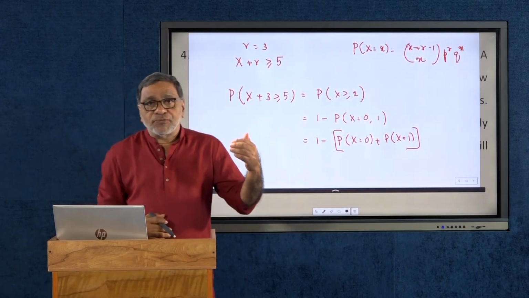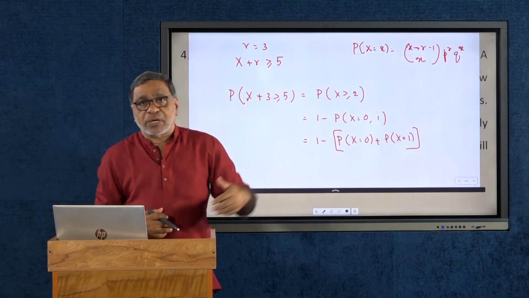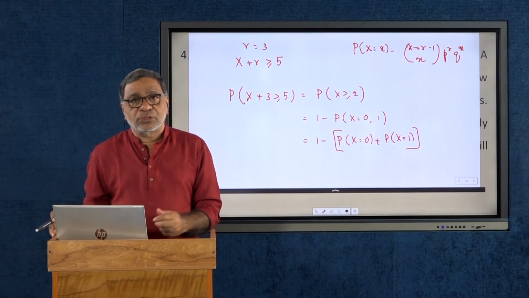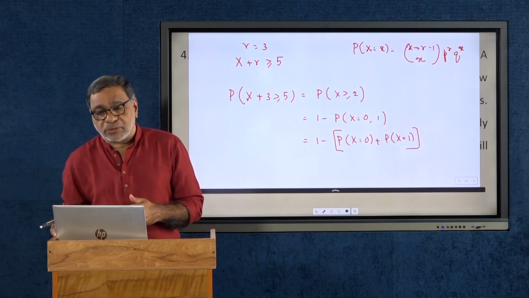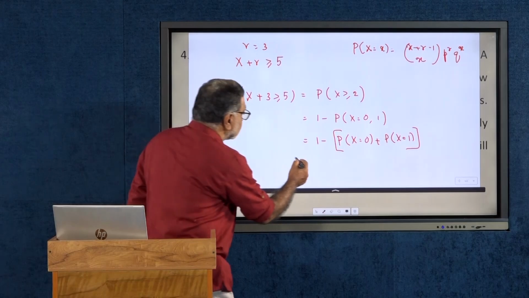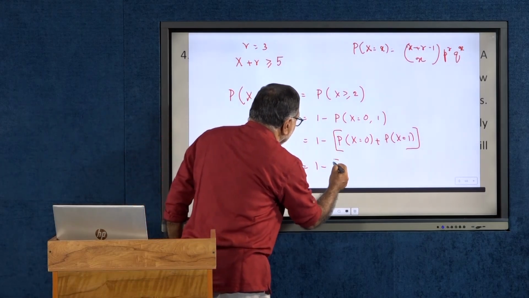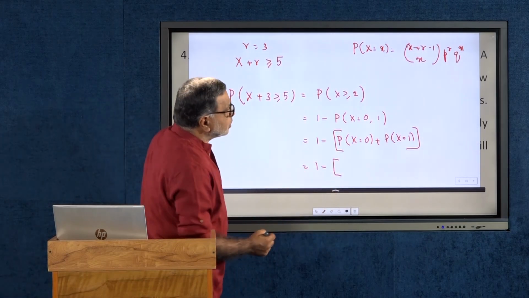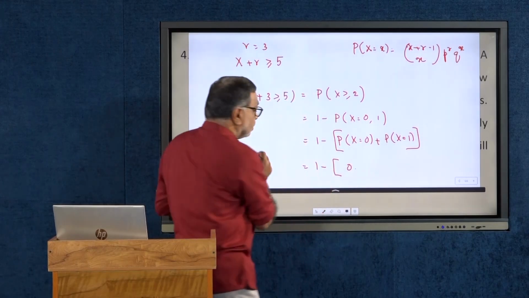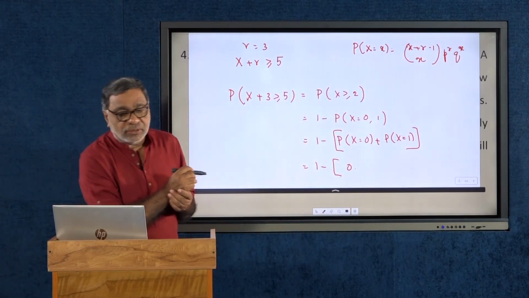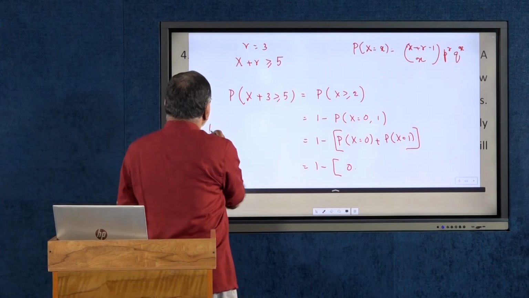So, on the basis of that expression, you substitute the corresponding values, r is equal to 3 and x is equal to 0 and x is equal to 1, you will get the result as 1 minus probability of x is equal to 0 means 0.10 power 3, p is given to you as 0.10.